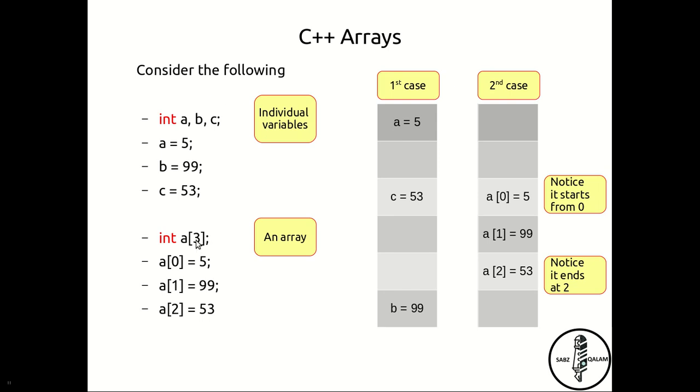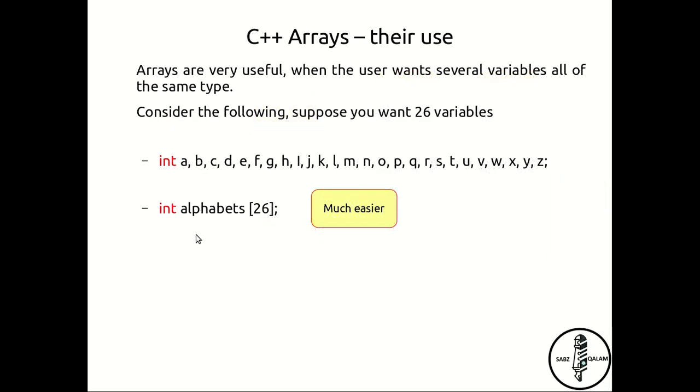Now consider another case. Arrays are in fact very useful when the user wants to have several variables, all of the same type. So consider, for example, you want to have 26 variables. Well, you will pretty much need the entire English alphabet. So you have integer a, b, c, d, all the way till z.